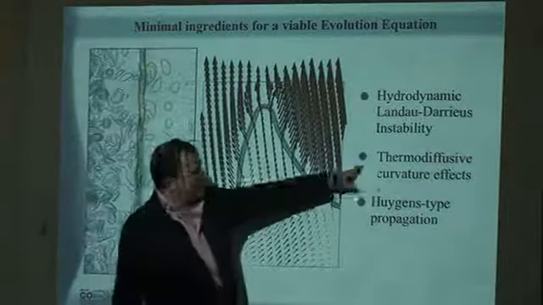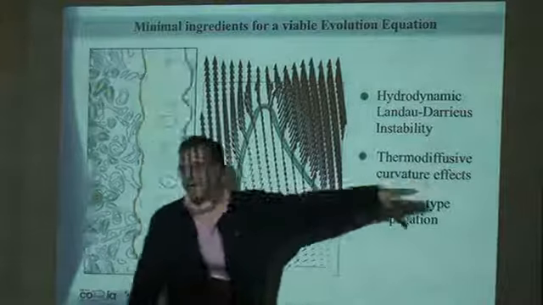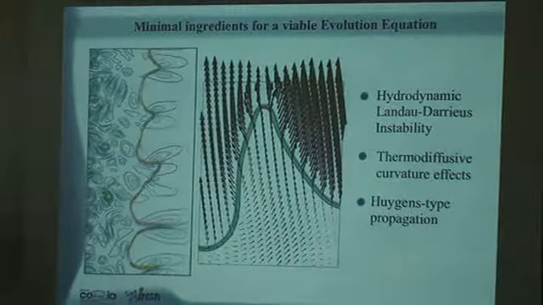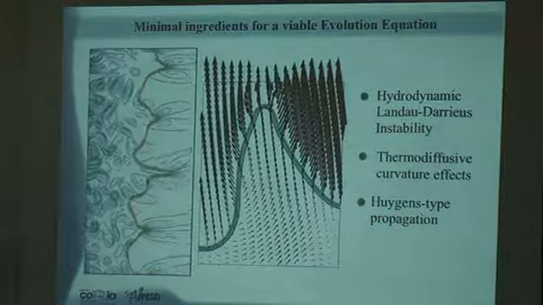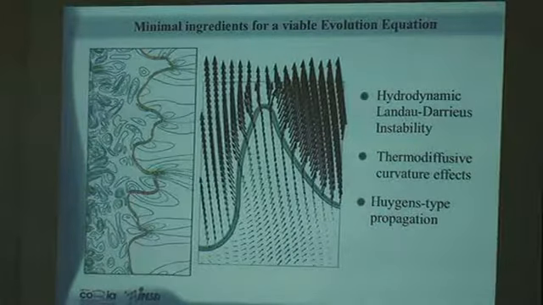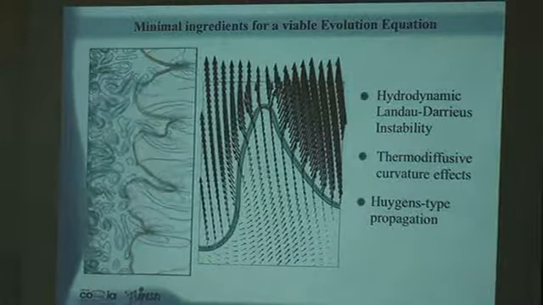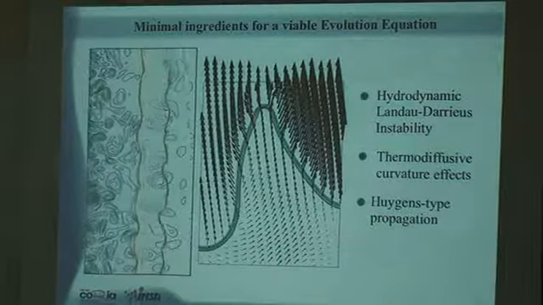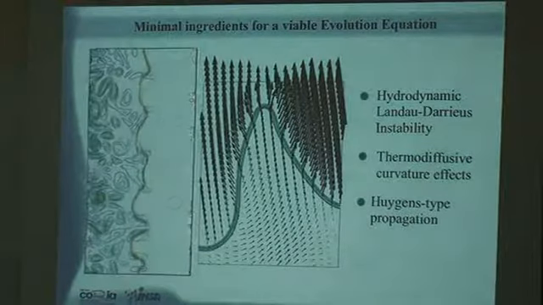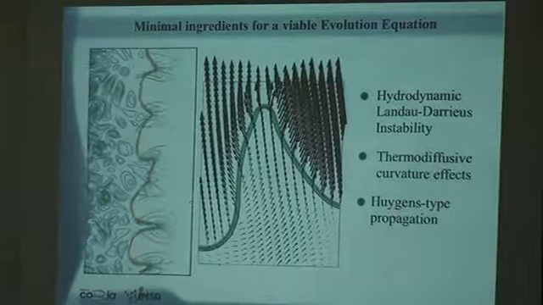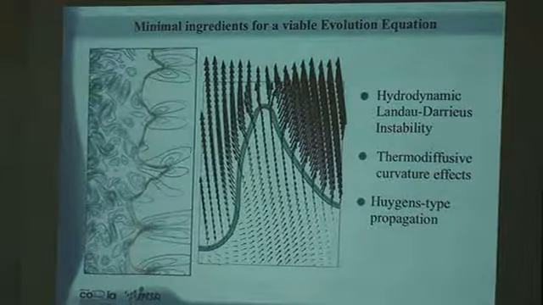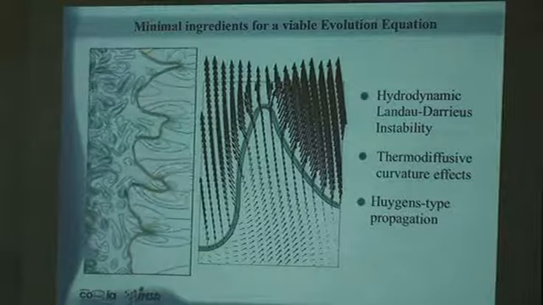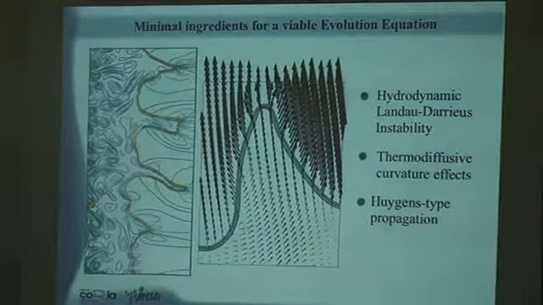Here, in fact, this is mainly curvature effects. How to explain that? We will derive an equation for a flame which is considered infinitely thin, but in fact it is not. So you have somewhere to introduce a length scale. And this length scale is linked to the flame thickness.